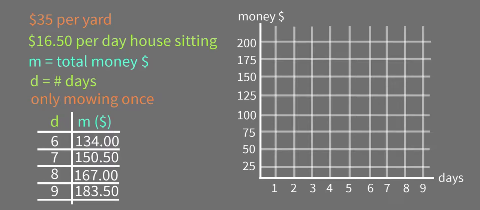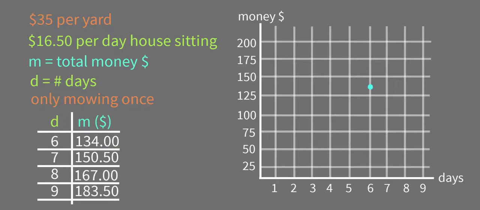But at 6 days, we're at $134. So we go to 6 right here. We go up to, if this is 125, this is 150. Halfway in between there is going to be 137.50. So 134 is going to be somewhere right in here. So there's 6, 134. 7 is 150.5.